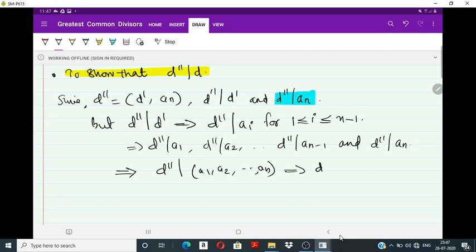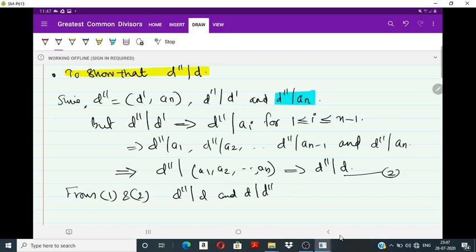This implies D double dash divides D. Let this be equation number 2. So from 1 and 2, by the property of divisibility, D double dash divides D and D divides D double dash implies D double dash is equal to D itself.